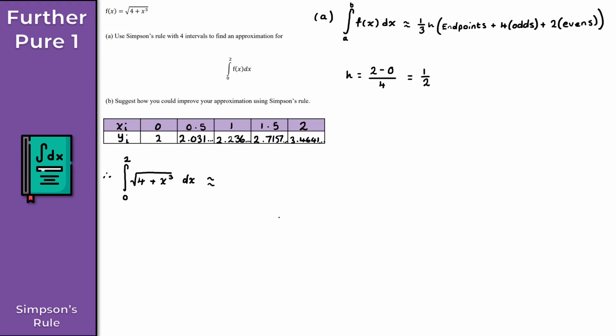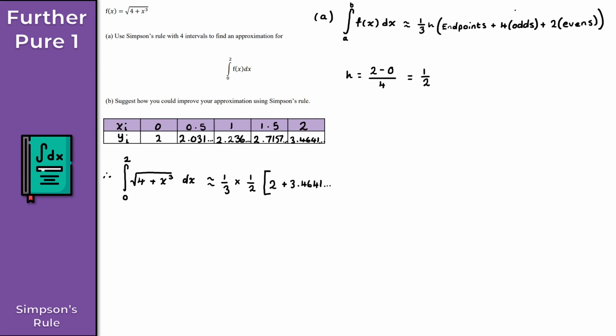We get 1 over 3 times h, which is a half. So 1 over 3 times 1 over 2. And then we get the following. Let me just use square brackets for this bit. To begin with, we have the endpoints. My endpoints are 2 and 3.4641, and so on. So 2 plus 3.4641, and so on. That's the endpoints dealt with.